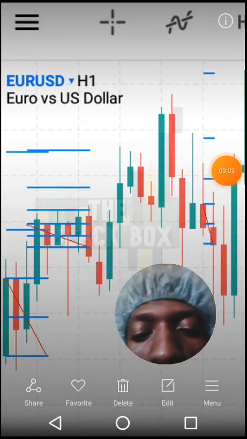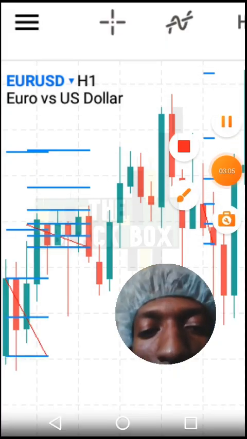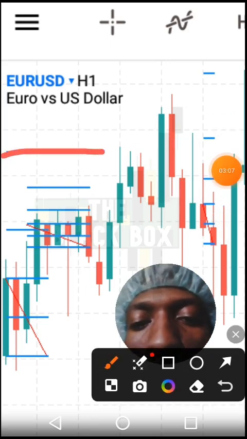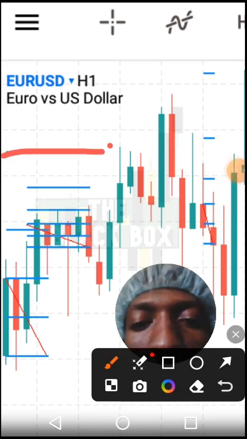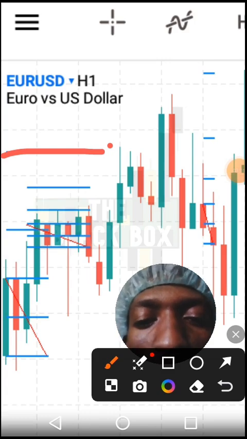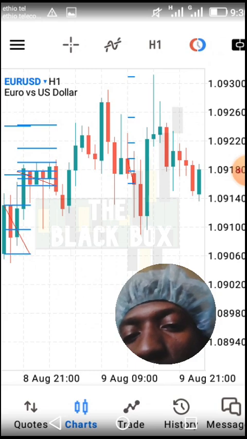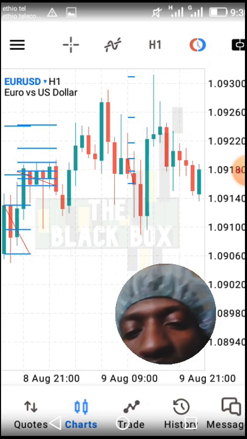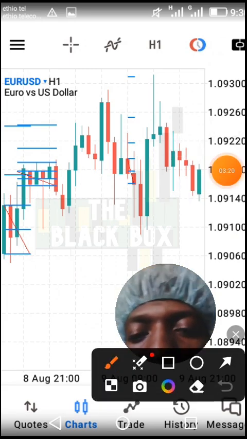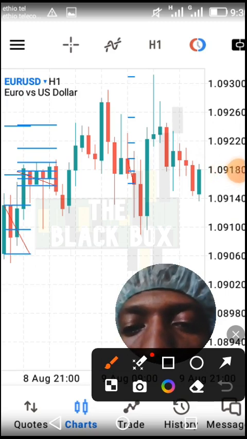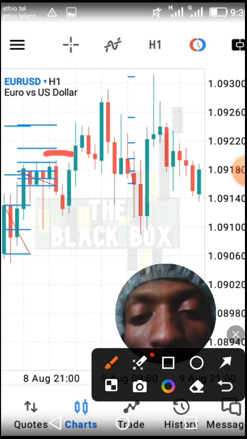The target all along was up there, so you can see it. After that, look what happened, the price dumped. Then up there, what happened? Stop loss, with two of them with the stop loss.